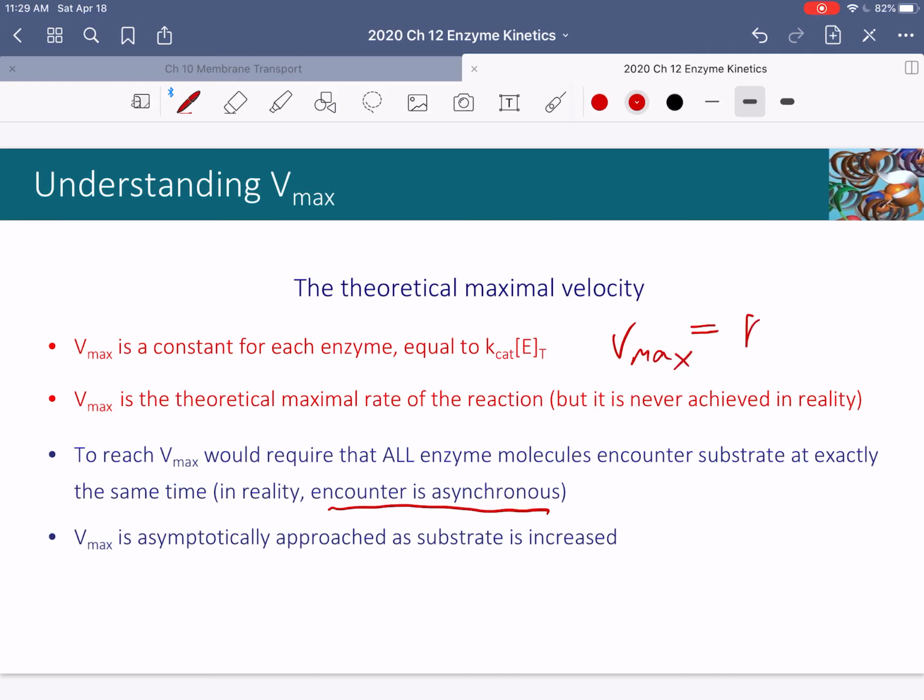Vmax is equal to Kcat, remember that's K2, times the total enzyme concentration, which you know because you started the reaction with a given amount of enzyme. You put in a certain amount of enzyme at the beginning of your rate measurements, okay? So you can calculate Vmax if you know Kcat and you know ET. All right, so that's Vmax.